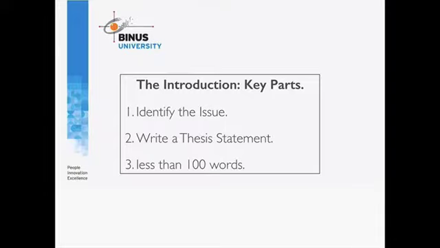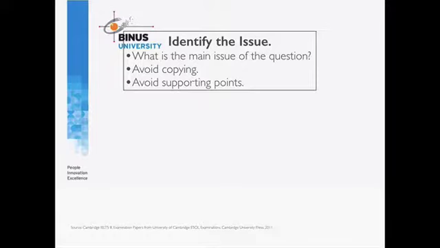Now, as is quite typical with this kind of training, we need to look at some examples. So in terms of identifying the issue, there are three things that I want to say about it. You need to think about the main issue of the question. So you need to read carefully that first part of the question and understand the main issue. Avoid copying.